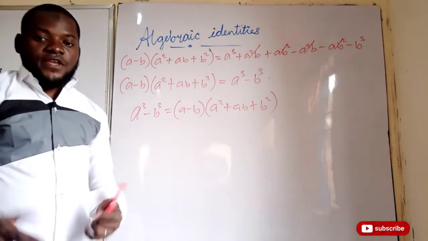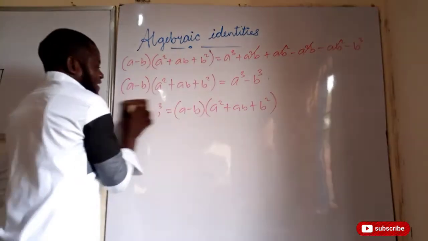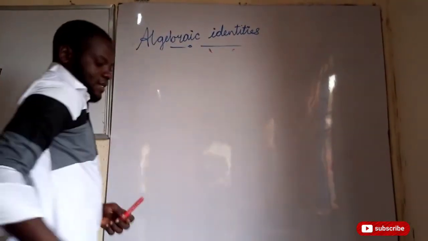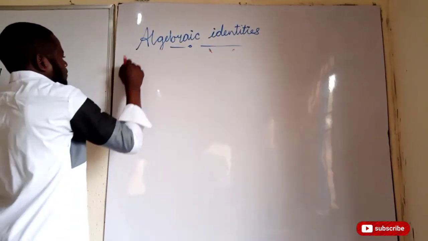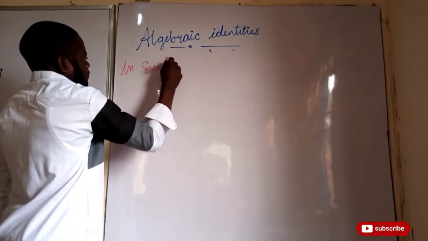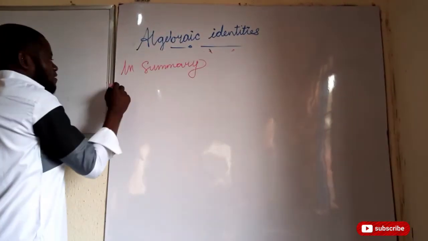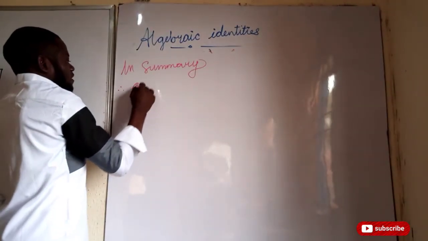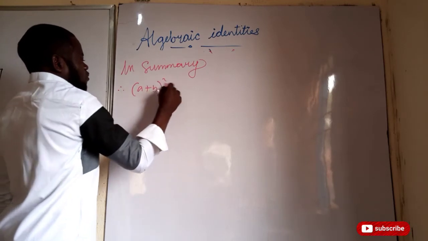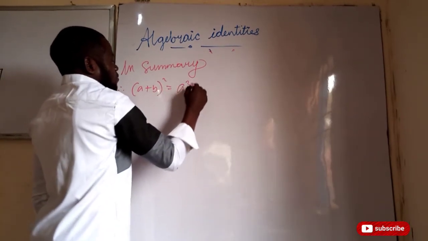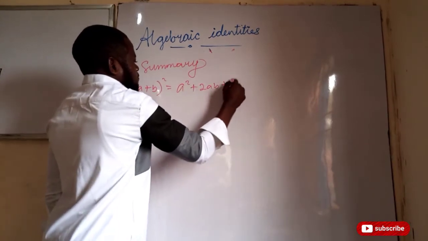Okay, in summary, let's summarize the whole of the identity. We have the first one, a plus b all square, which we call square of 2 sum, to be a square plus 2ab plus b square.